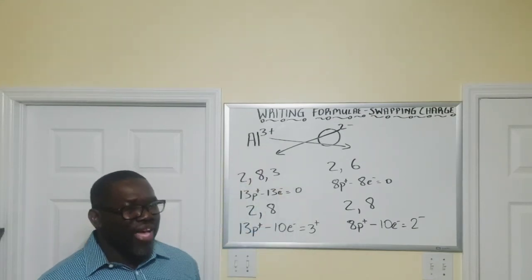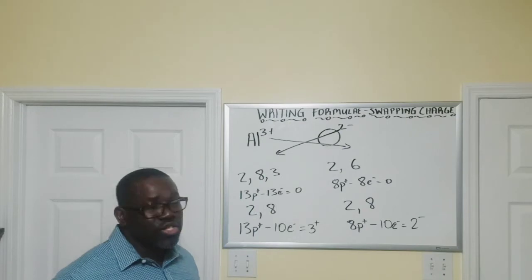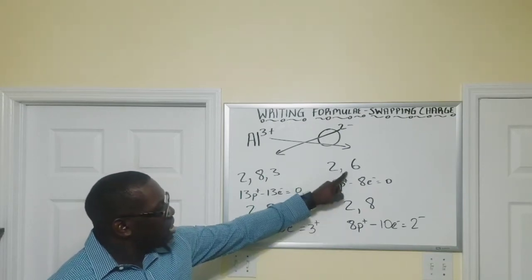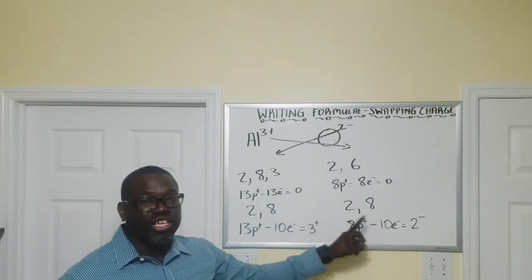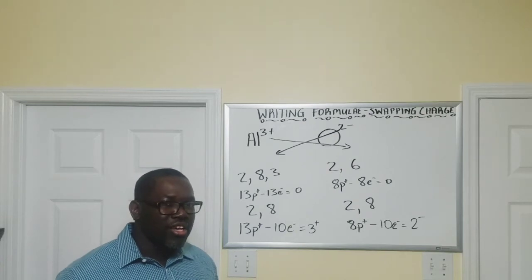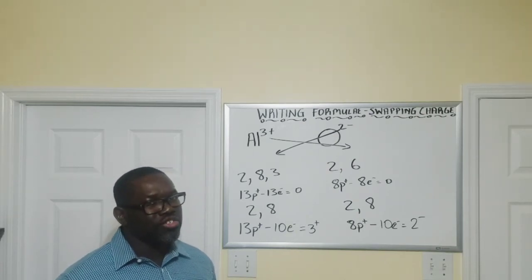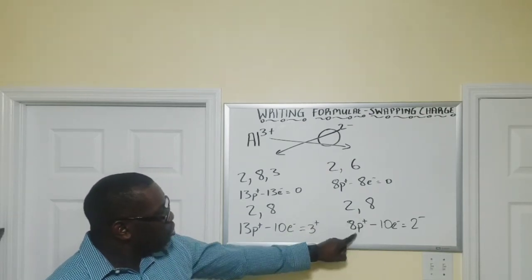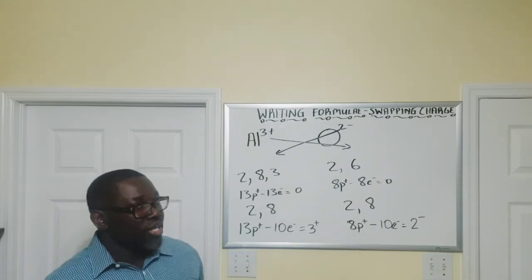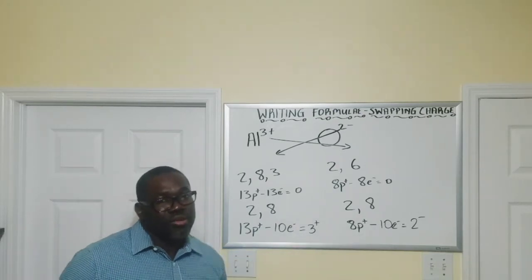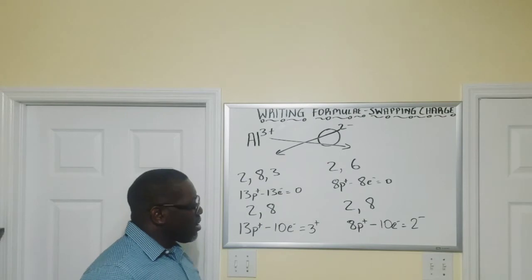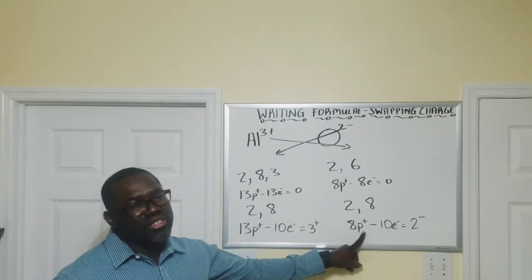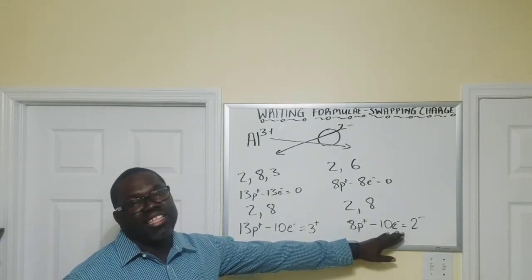Now let us find out how we get that 2 minus. The oxygen now has an electronic configuration of 2, 8 because it gained 2 more electrons. So the proton number remains the same. We didn't do anything to the protons. So it's still 8 protons, and now it has 10 electrons.